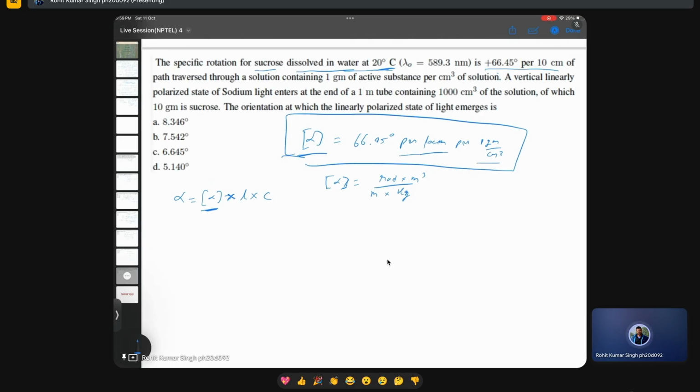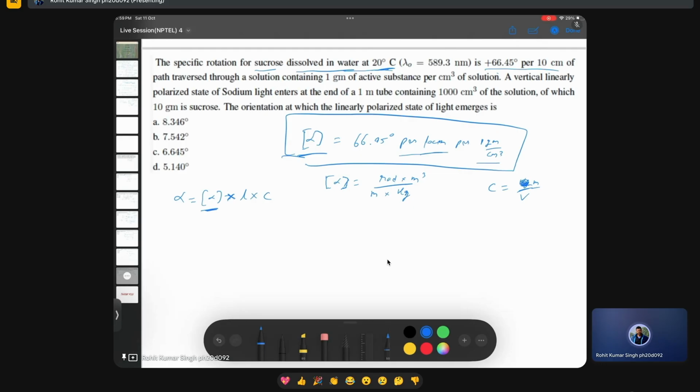So concentration is basically mass by volume. Mass is for the solute and volume is for the solution.